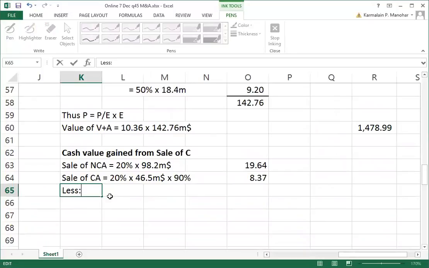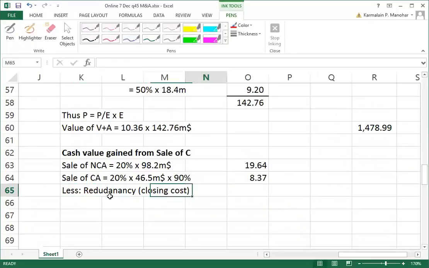Less redundancy, if we call it that, or closing costs, whatever you call it. -3. Put some decimals in here.